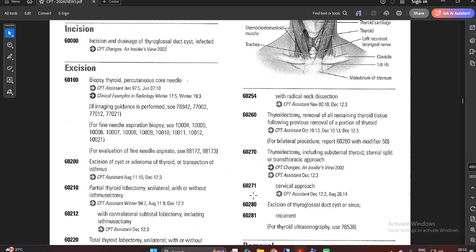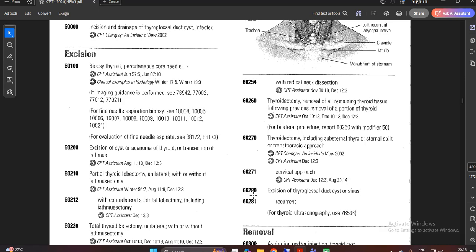Limited neck dissection and radical neck dissection? So basically limited means here the physician will remove a few lymph nodes from the neck area. Okay. In 60254, the physician will remove the complete lymph nodes from the neck area along with the thyroid gland for malignancy. So that time you will use 60254.